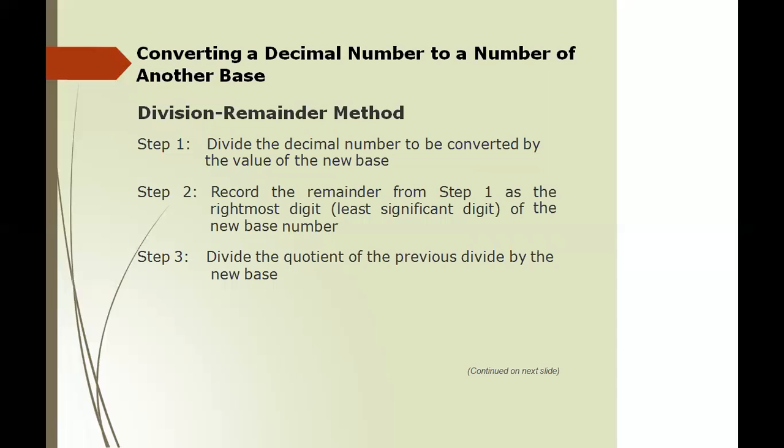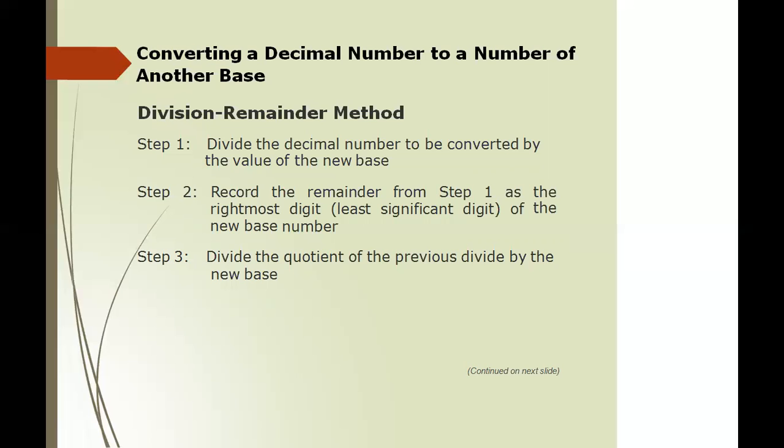And we can convert a decimal number to a number of another base. We also follow a few steps. Step one is to divide the decimal number to be converted by the value of the new base. Step two is to record the remainder from step one as the rightmost digit, the least significant digit of the new base number.